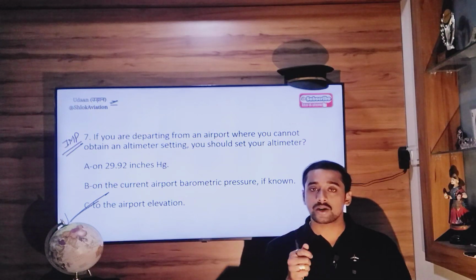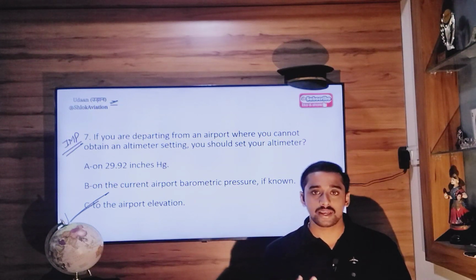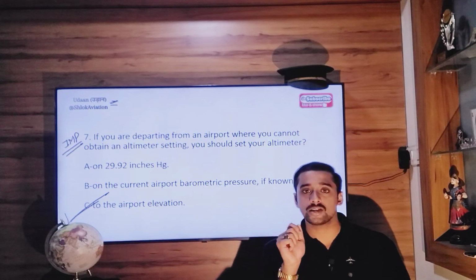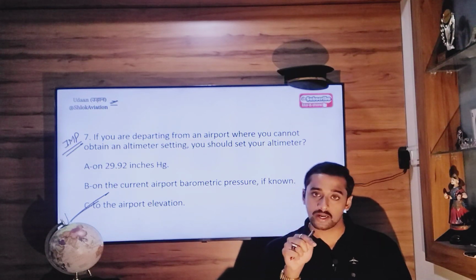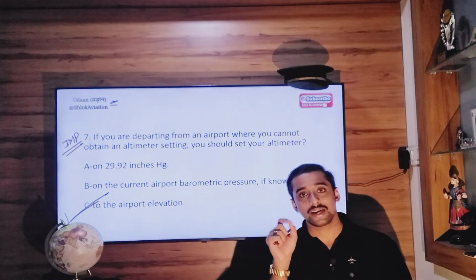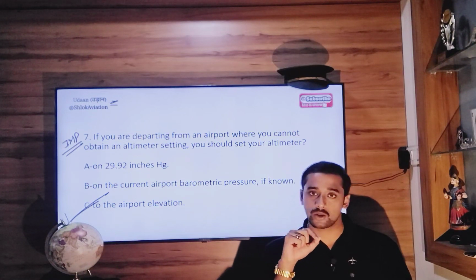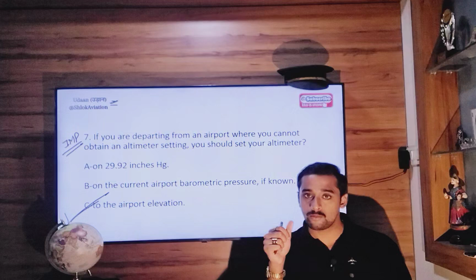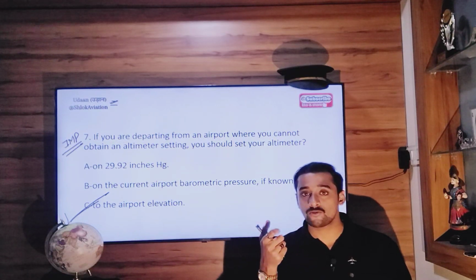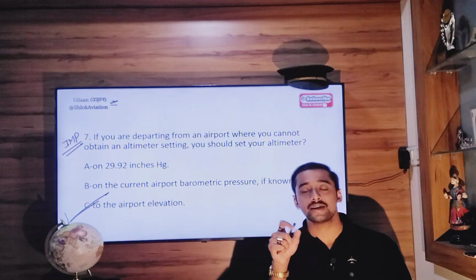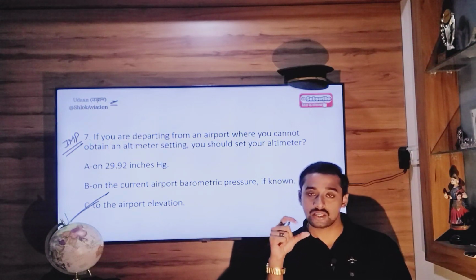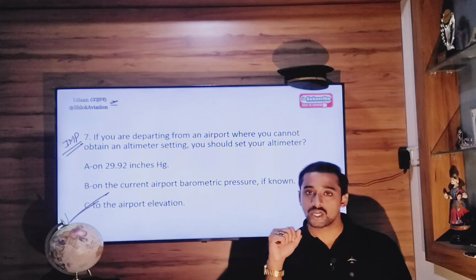When you set the airport elevation, 1000 feet, 900 feet, as you turn the knob and set that particular elevation in your altimeter, you will automatically get the corresponding pressure in the pressure setting window. As you turn the outer knob to set the elevation of your airport, the values in the pressure setting window also change.